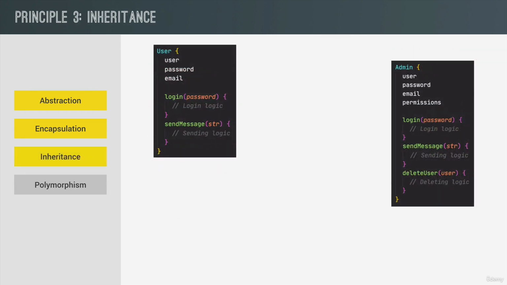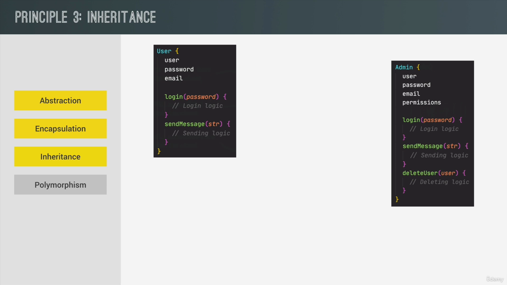Next up, we have inheritance. So let's say we have these two classes, user and admin, which stands for administrator. And as we can see, they have actually a lot in common. In fact, admin has all the properties and methods that user has, right?